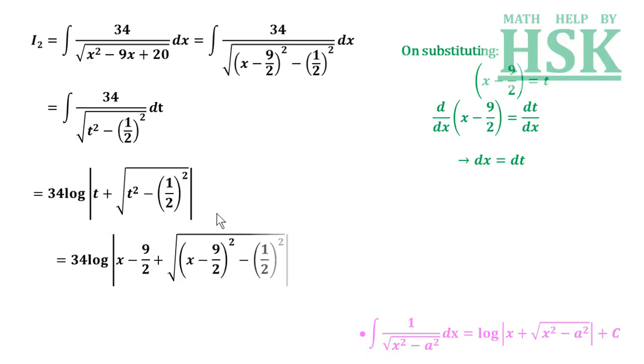Replacing the value of t, I'm going to get this as 34 times log of x minus 9 by 2 plus square root of x minus 9 by 2 whole square minus 1 by 2. This value was equivalent to x square minus 9x plus 20. So I'm going to write it again to get the value of I2 as this expression.